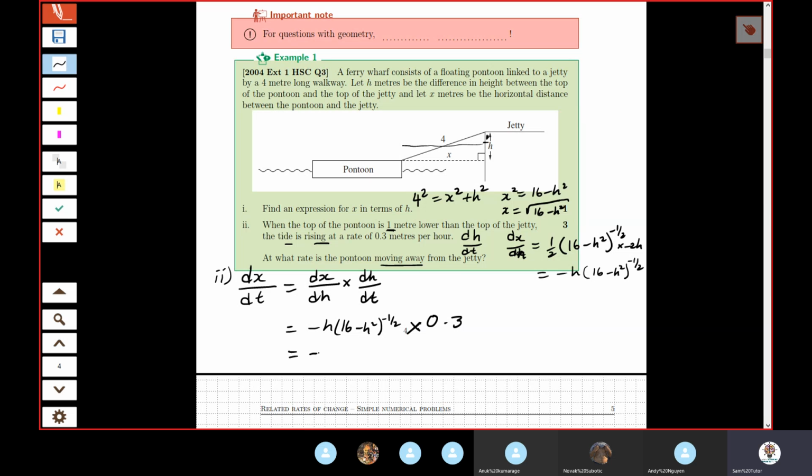So when h is 1, you finish it off. 15, 1 on root 15, so negative 1 on root 15 times 0.3, and done. Negative 0.077.